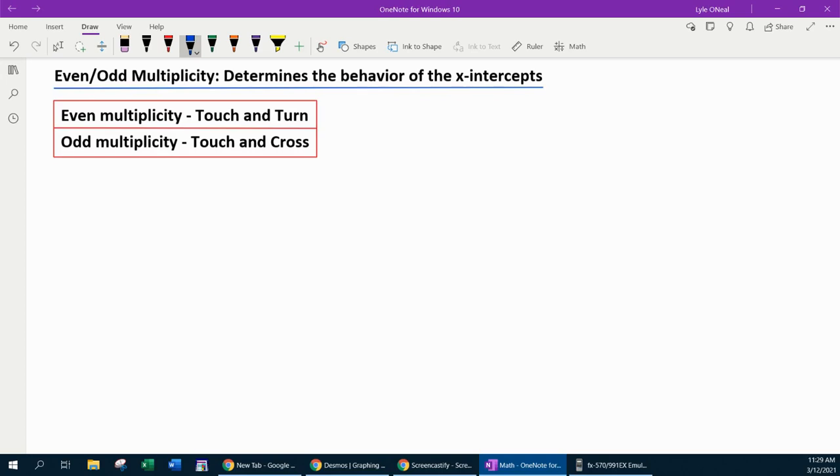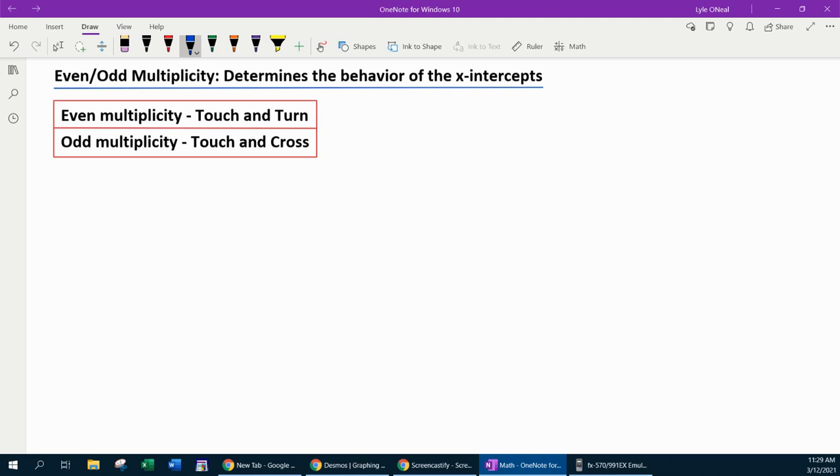And the last thing we want to look at in this lesson is even odd multiplicity. Now, what the multiplicity does is it determines the behavior of the x-intercepts. So when you're looking at the graph of a function, some graphs come in and touch the x-axis. Those are called x-intercepts. They're also called zeros or roots, either one of those terms.